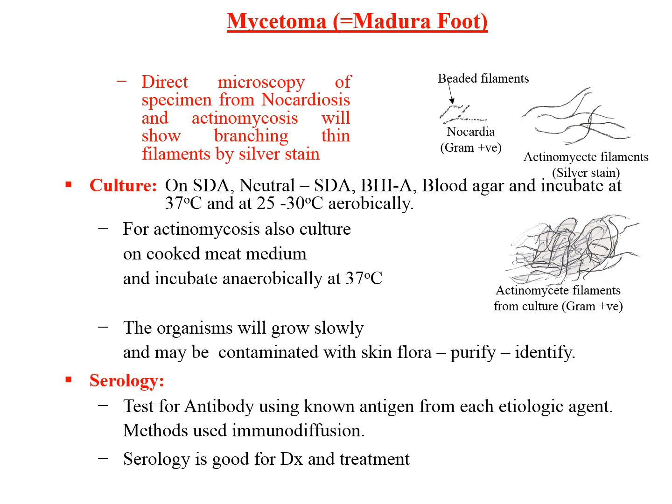This is a direct microscopy of a specimen from Nocardia. In addition, this is a culture of a specimen. Culture in Sabouraud agar and blood agar media are used for diagnosis and identification of mycetoma.